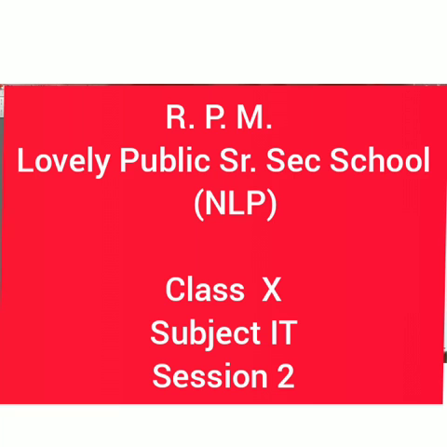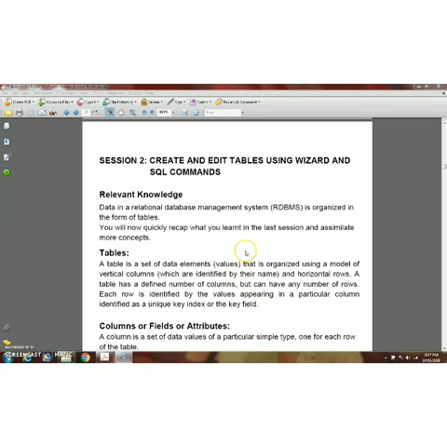Now we are moving a step ahead. That is, we want to collect data for maintaining our database. So the very first step in order to collect any data is to collect it in the form of a table. I hope table is a very familiar term to you because you have already done tables in Word, in Excel, and in Maths also.